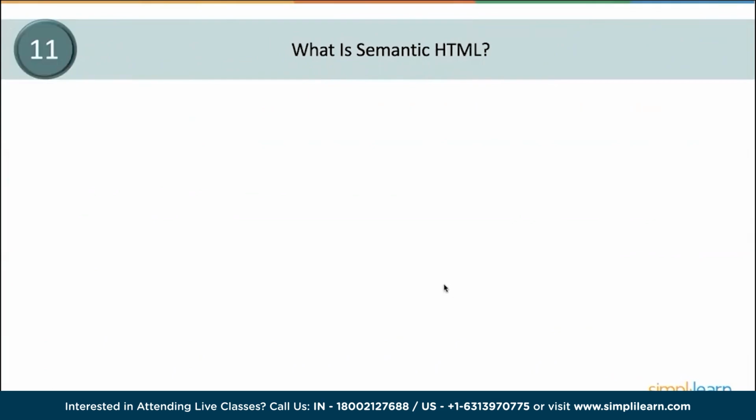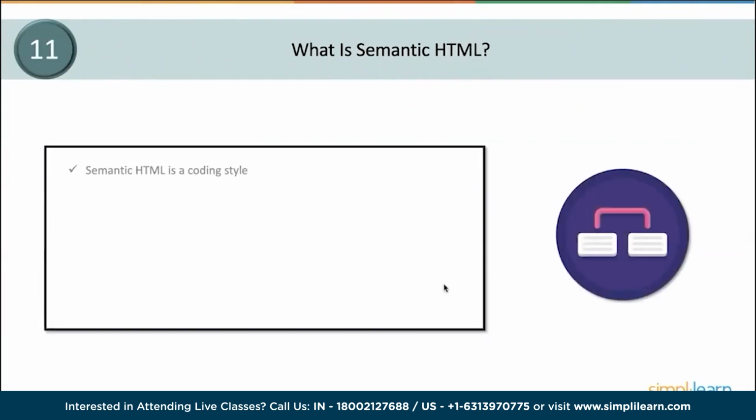The next question is, what is semantics in HTML? Semantics is nothing but another coding style. When you talk about semantics, they are basically reinforcing the meaning of the content. Typically you have seen we are using div and span tags, but the div and span tags really don't make sense to us as an HTML reviewer unless I go inside those and get to know what they're really doing.